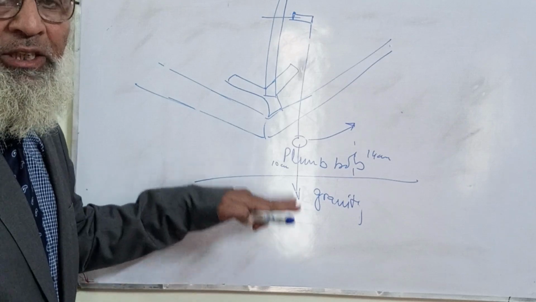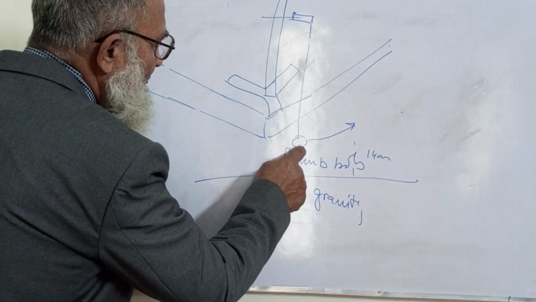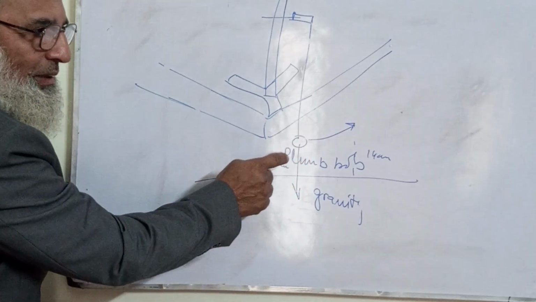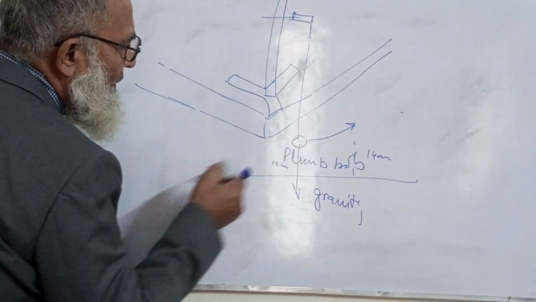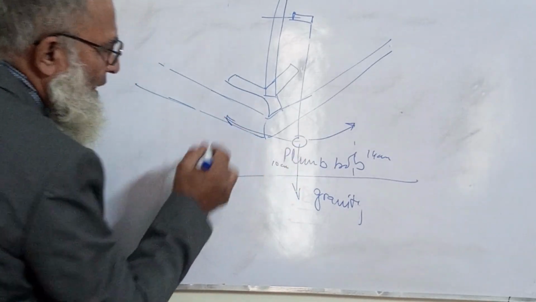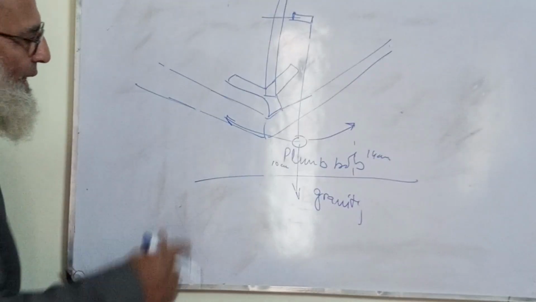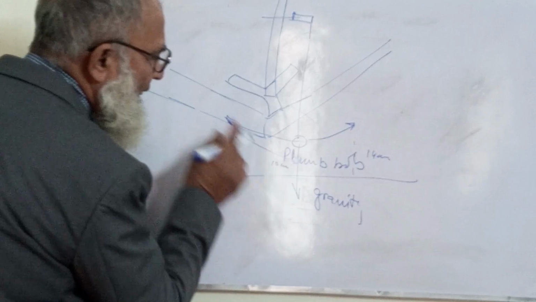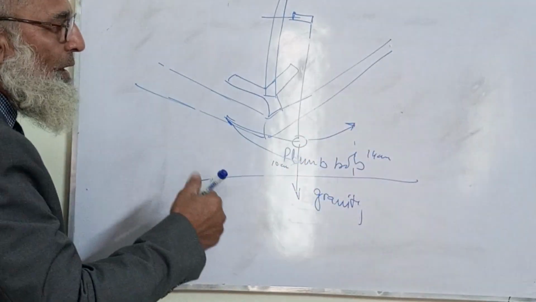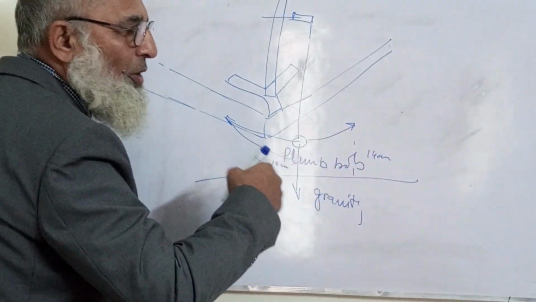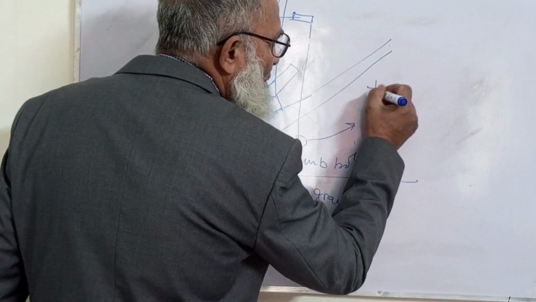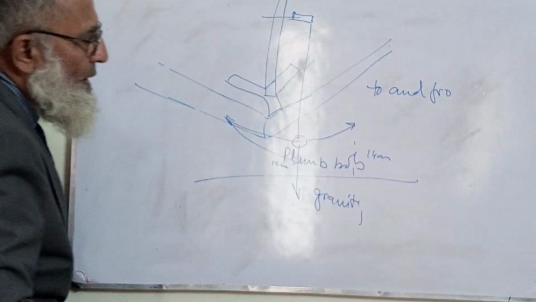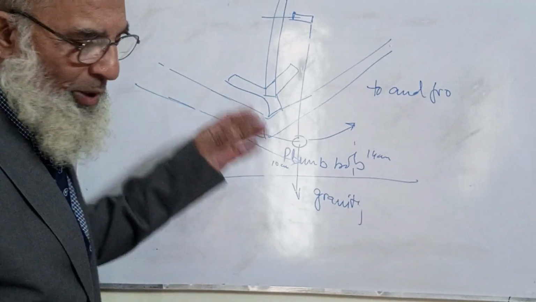It has so much kinetic energy that it will cross its initial point and come over here, and again the same phenomenon will happen, and it will keep on oscillating to and fro.